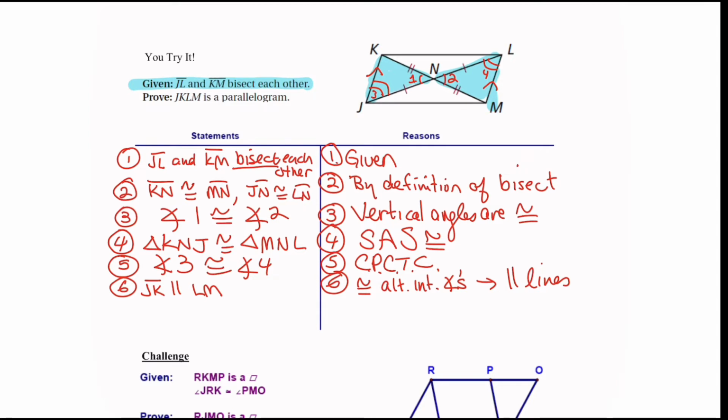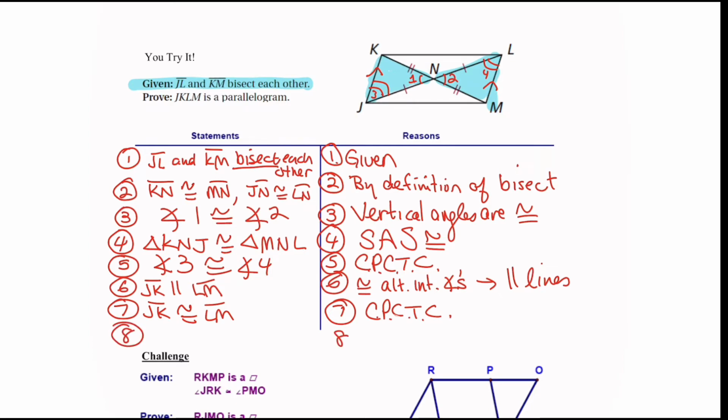And now, to make sure that this is showing you this is a parallelogram, I would also make the statement that JK is congruent to line segment LM because of CPCTC. Corresponding parts of congruent triangles are congruent.